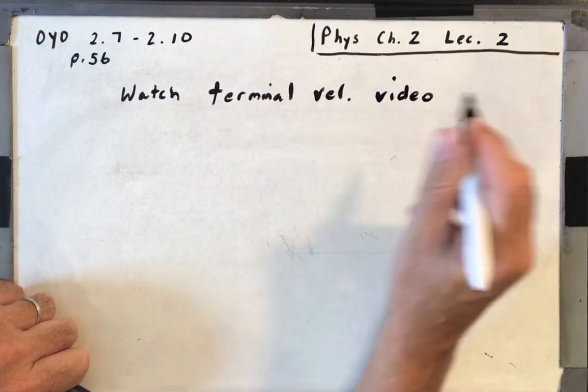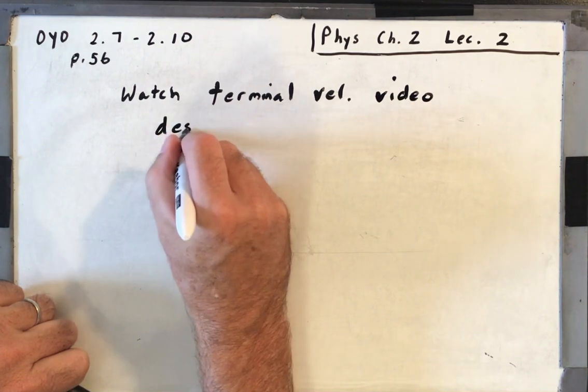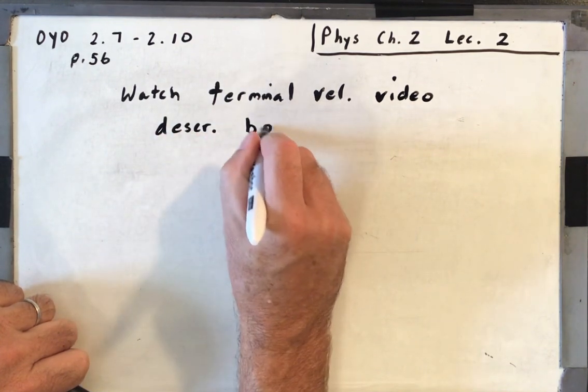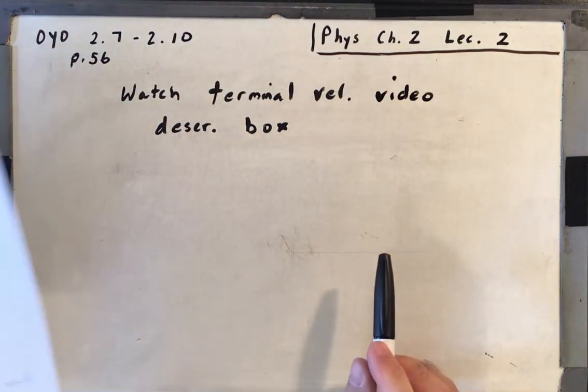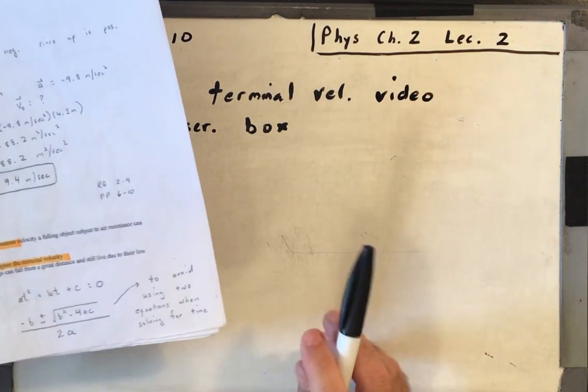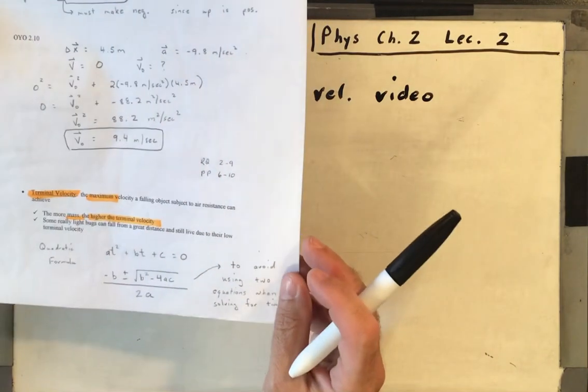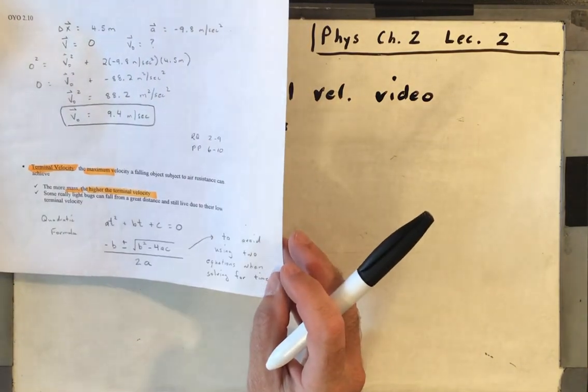I'm going to link that in the description box. So there's 2 videos for this lecture linked in the description box that you need to watch. They're not real long. And that'll tell you everything you need to know about terminal velocity, all right?